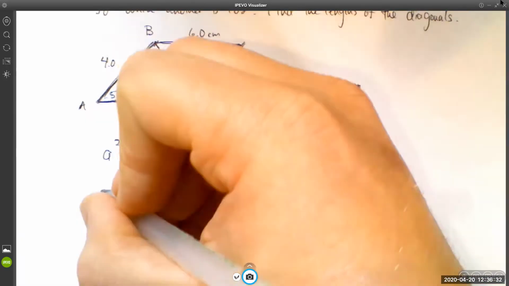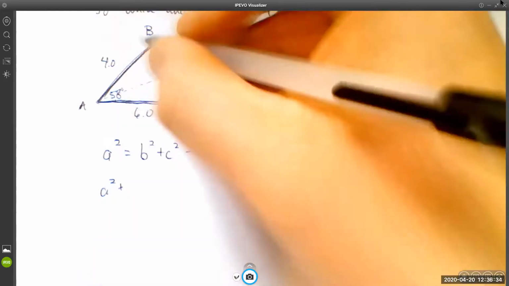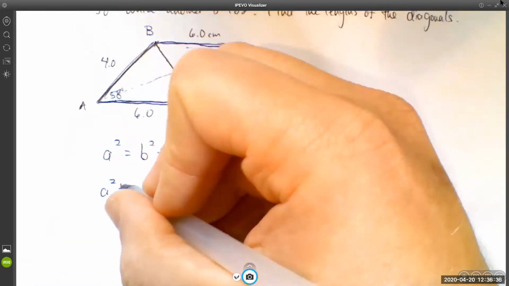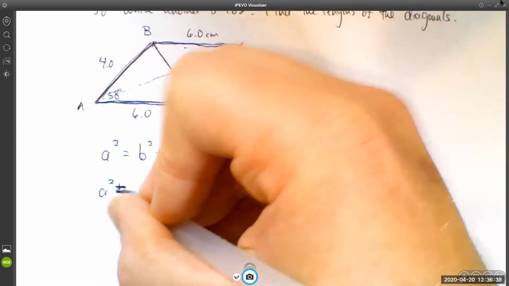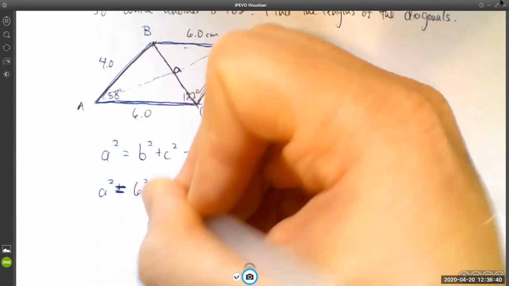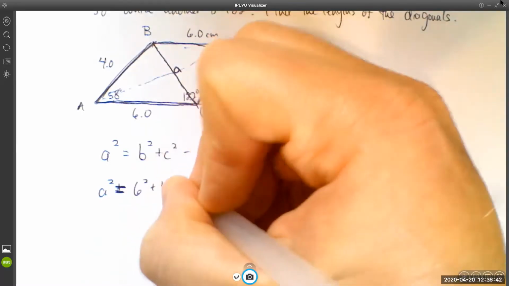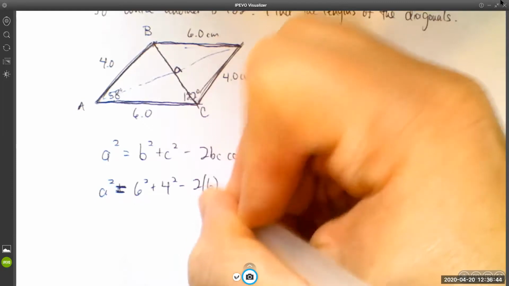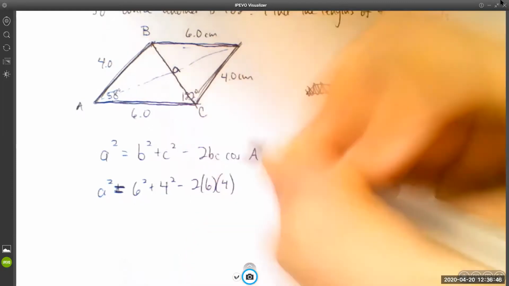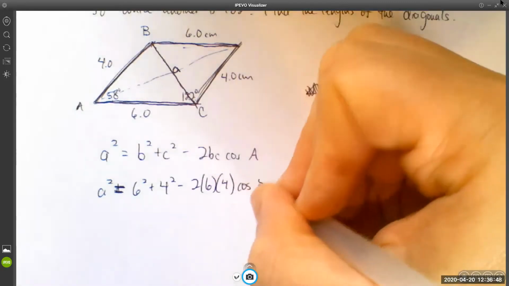So I can say A squared equals B squared plus C squared minus 2BC cosine A.